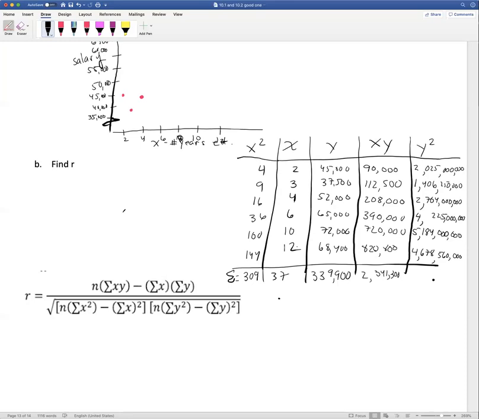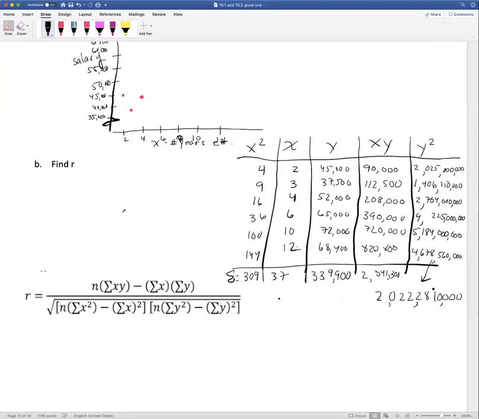Okay, and we get 2, 0, 2, 2, 2, 8, 1, 1. That does not look right.